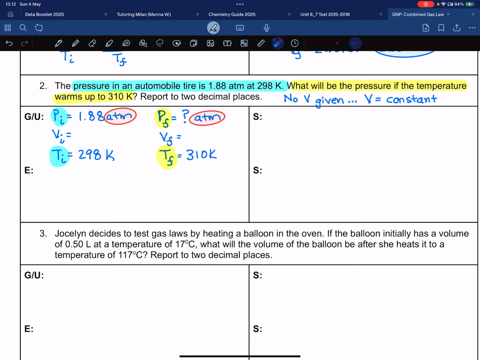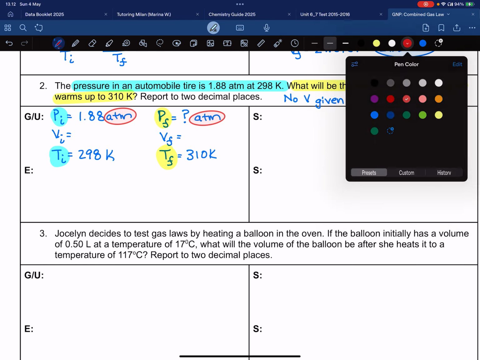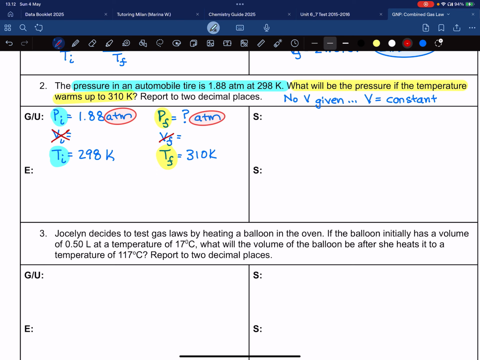Whatever size tire you have on your car, that's just the size tire you have on your car. So that means that since they don't give it, we're simply not going to use it. And you'll see why right now. So PI VI over TI is equal to PF VF over TF. We're simply going to leave the volumes out because they do not change.